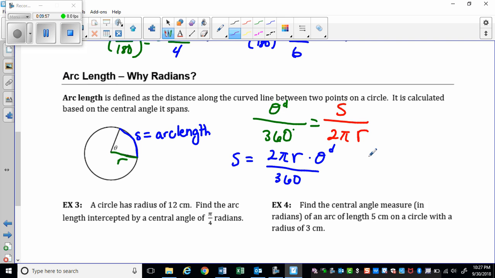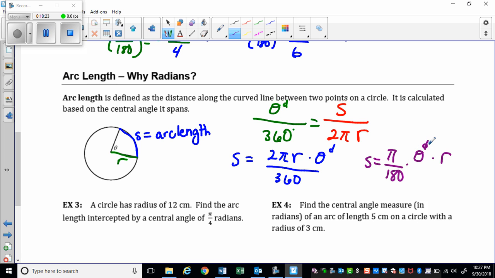And I'm just going to simplify this. S equals 2 pi divided by 360, which is the same as pi divided by 180, times the angle theta in degrees, and then times your r.